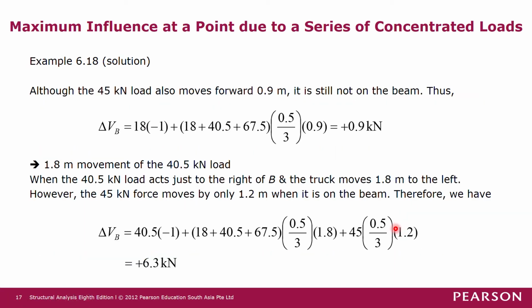So the 45 kilonewton force moved by 1.2 meters along the beam, and then we multiply by the slope, we will get the change in shear force due to this 45 kilonewton force. So in this case, we still get positive change in shear force, right?